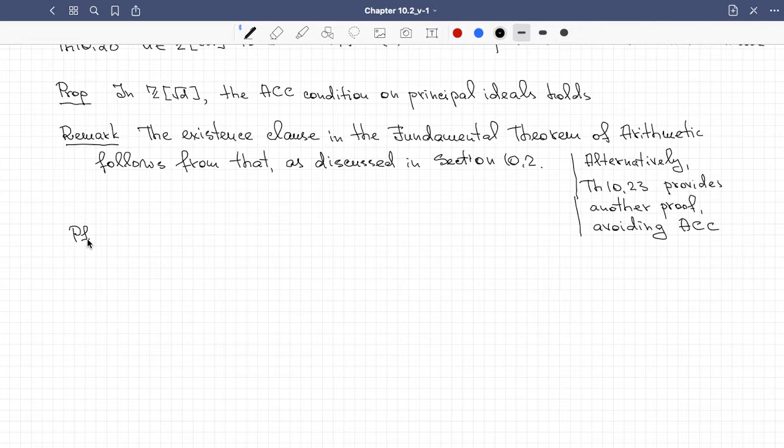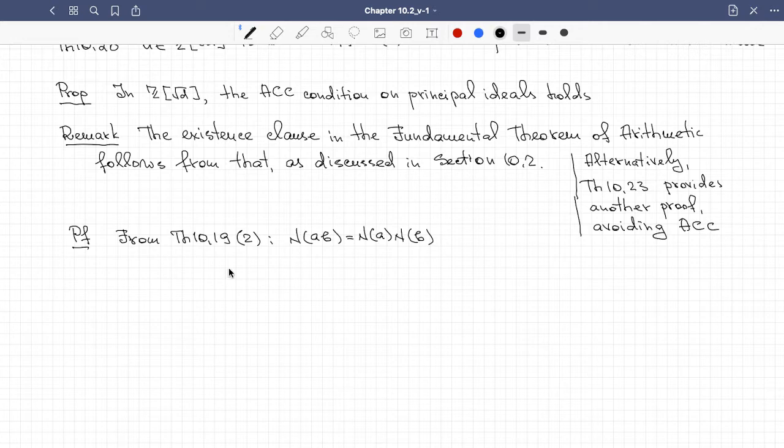So from theorem 10.19 part 2, we have that the norm of AB, whatever A and B are, is equal to the norm of A times the norm of B, for any elements A and B from the ring.